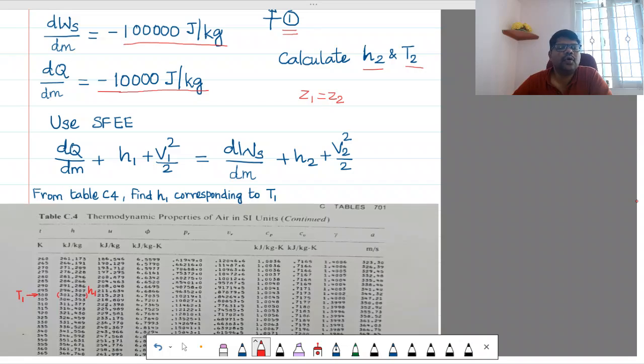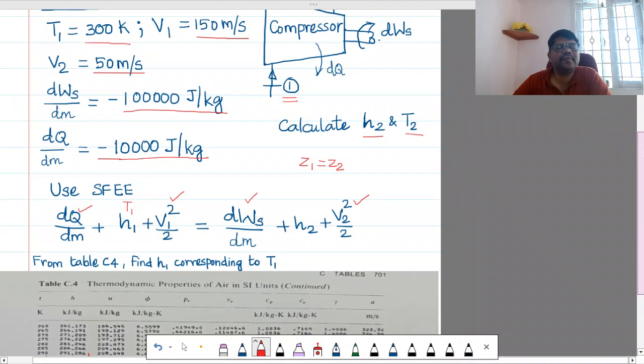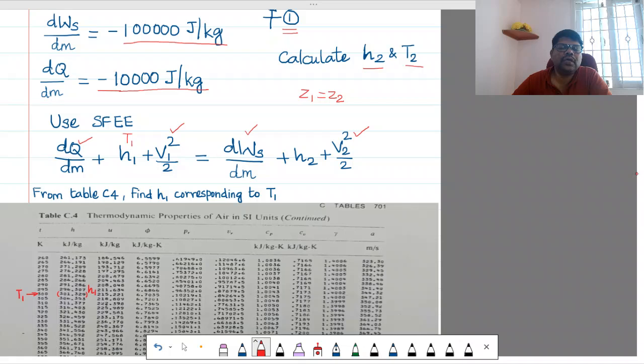Here, the known values are dq by dm, the heat loss, enthalpy, which can be determined from the given temperature T1, V1 squared by 2, velocity is given at the inlet, dWs by dm, the work transfer to the compressor given, V2 squared by 2 is also given, the velocity at the exit of the compressor, and the only unknown term is H2.